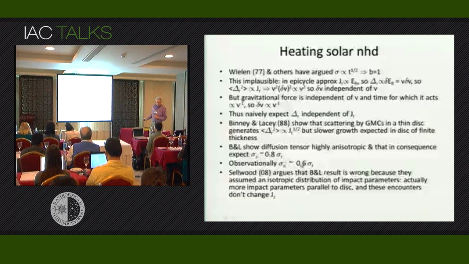Observationally, the number is closer to 0.6 than 0.8, and we attributed this difference between 0.8 and 0.6 to the action of spiral structure, which was exciting only the radial motion and not exciting the vertical motion very much.